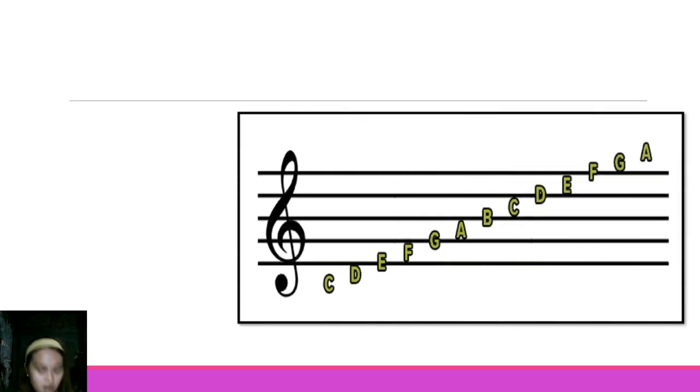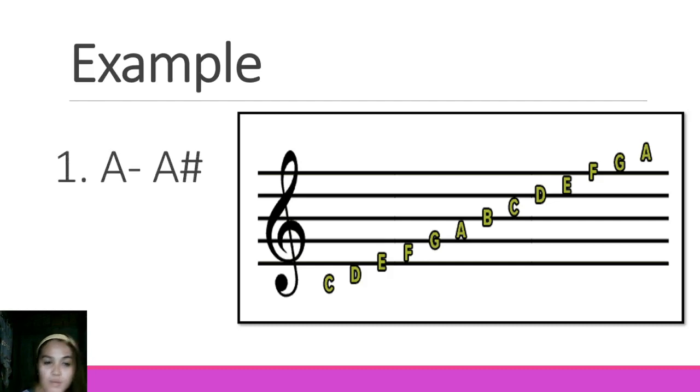So, let's have an example in your quiz. Example, letter A, Love Music, page 47. Number 1, A and A sharp. Where will you draw the note, if we say A, then A sharp? Very good.